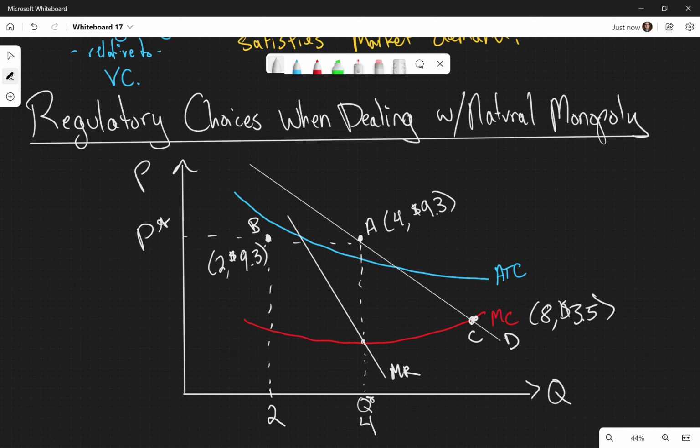And so as a result, at this particular point, they would be making a loss. So that's not sustainable. So the most likely choice of where the regulators would actually have them produce would be this choice over here, point F, where we're at 6 and 6.5.